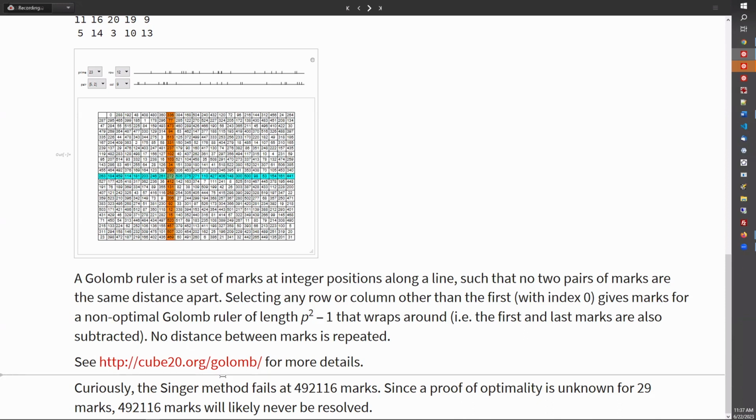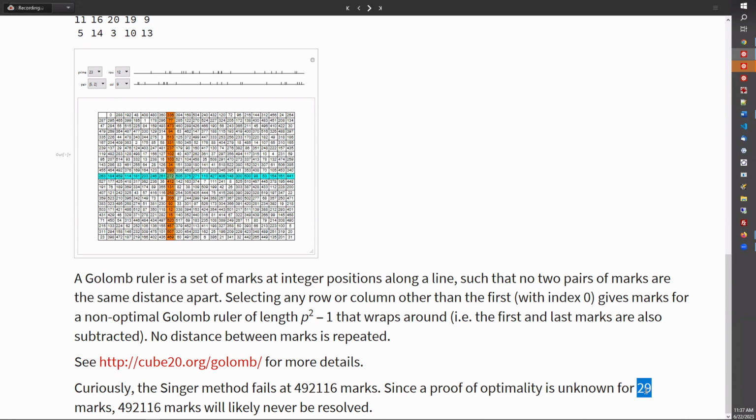And one thing he found was that prime gaps can mess up how the projective geometry and affine geometry works. And it turns out that for this particular number of marks, 42,116 marks, the Singer method completely fails. It's unknown how to make a Golomb ruler with that many marks.